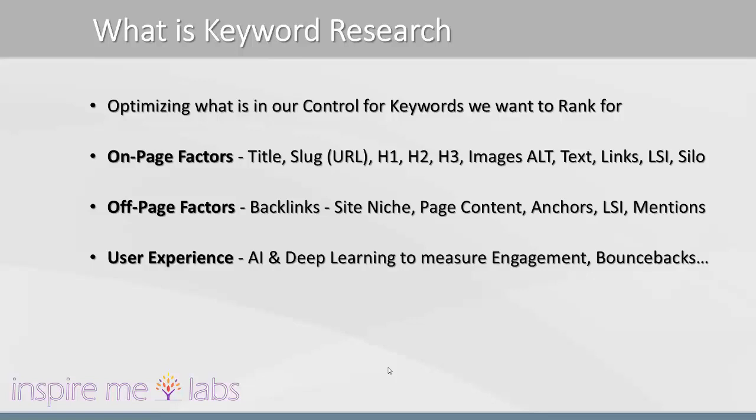And then there's user experience, which is a new thing. And of course, Google has been doing this very silently all throughout 2015, but they never told anyone about this. But they're running their artificial intelligence and their RankBrain algorithm, which is doing a lot of deep learning and understanding how people use their Chrome browser. Yes, they are tracking activity in the Chrome browser, if you didn't know that.